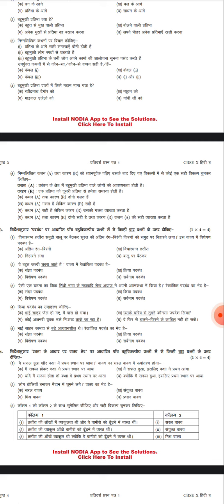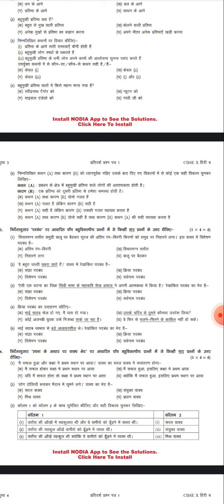You read the options: Antim Rang Birangi, Vichar Magna Tantara, Niharne Laga, Balu Par Baitkar. So which is the Visheshan Padbandh over here? I'll tell you. It is Antim Rang Birangi, the first option.